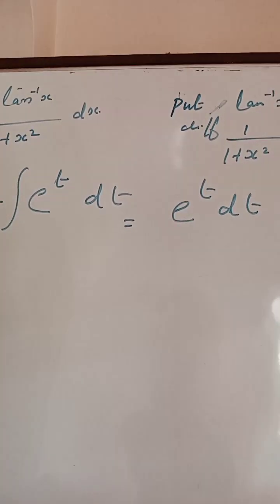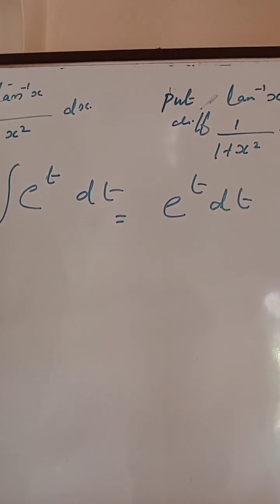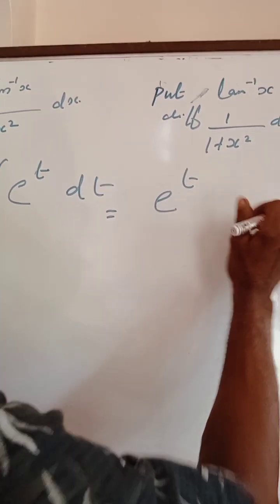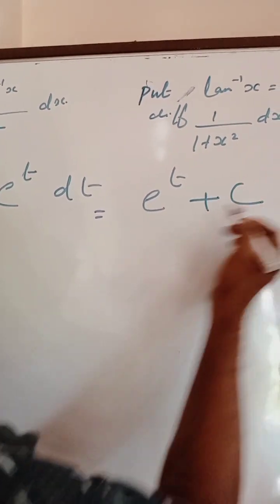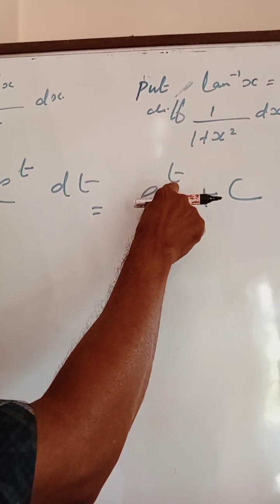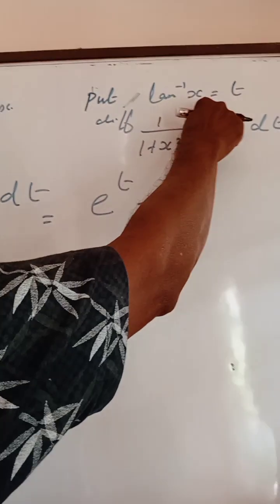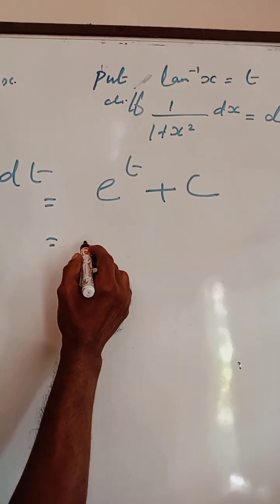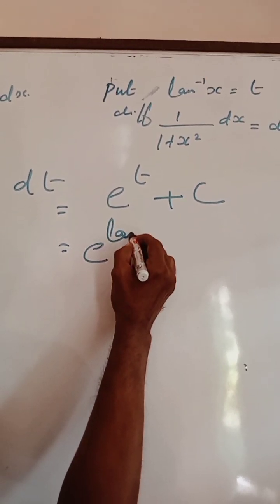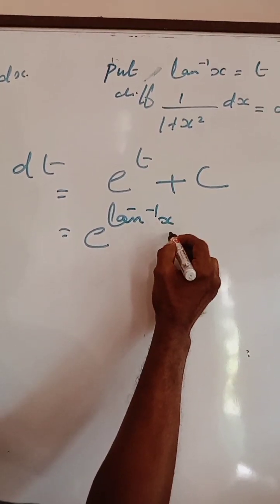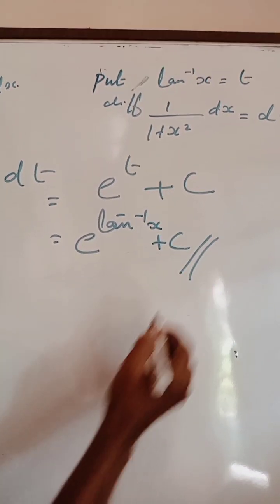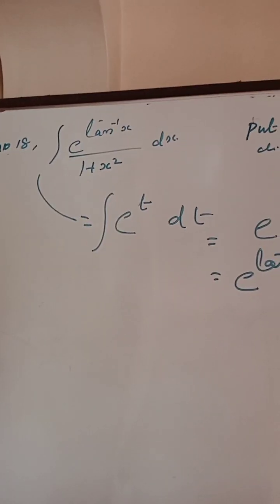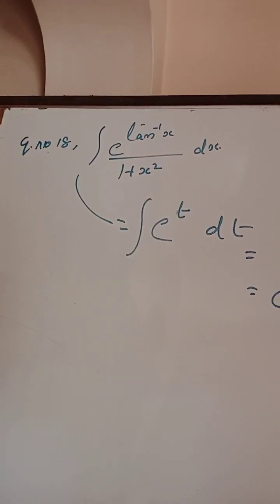We know that the integration of e raised to x is equal to e raised to x. So e raised to t plus c. Replace t by tan inverse x. Then this is equal to e raised to tan inverse x plus c. Integration continues in part 3.